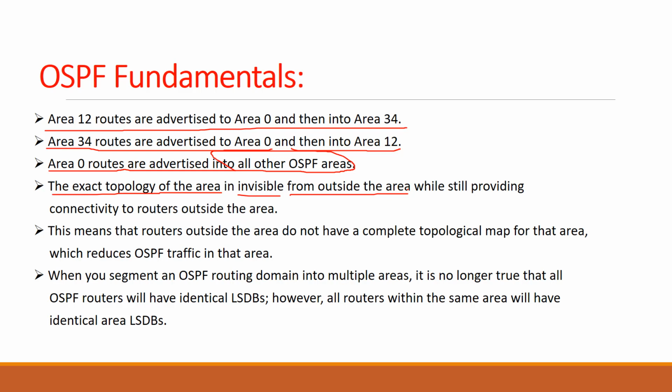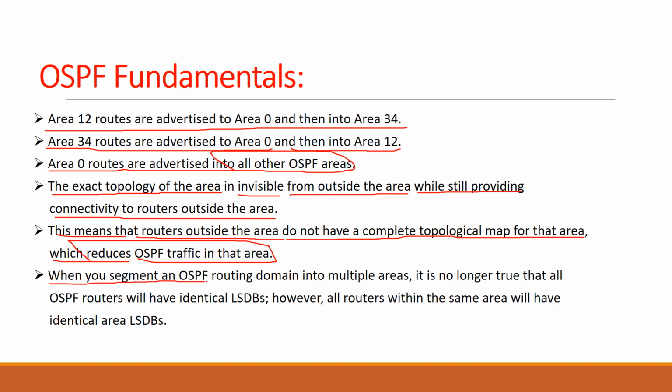So, from Area 12's perspective, it doesn't know the exact topology of Area 34. And similarly, Area 34 doesn't know the exact topology of Area 12, while still providing connectivity to routers outside the area. This means that routers outside the area don't have a complete topological map for that area. Why? Because it reduces OSPF traffic in that area.